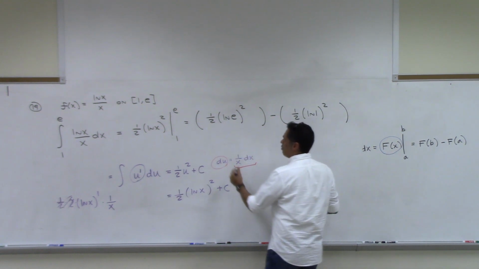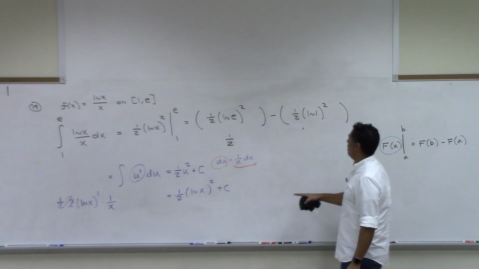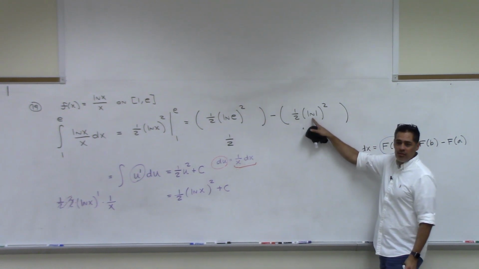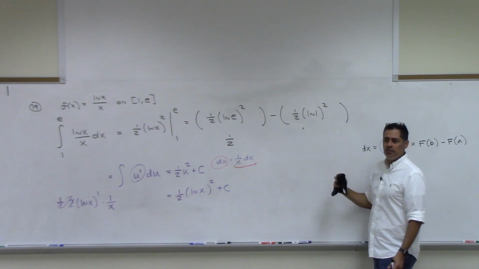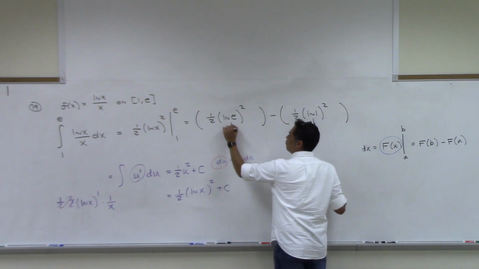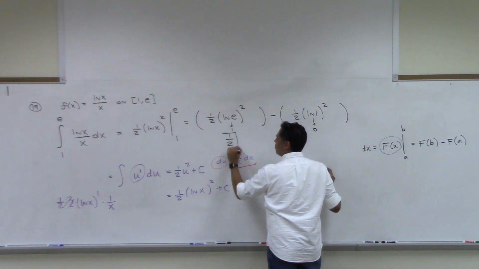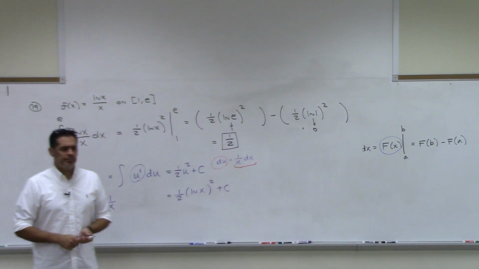So that's just 1 squared, which is 1/2. And also in college algebra, you learn that natural log of 1 is 0. So that makes this a 0. It all goes away. So that's 0, and this is 1/2. So your final answer is just 1/2. Do y'all see where that comes from?